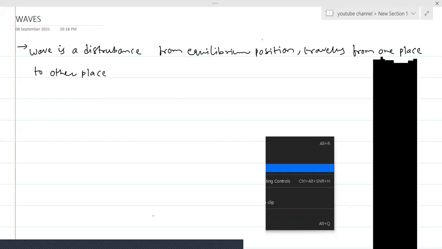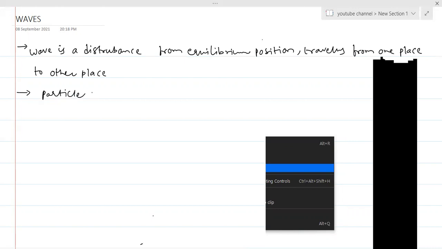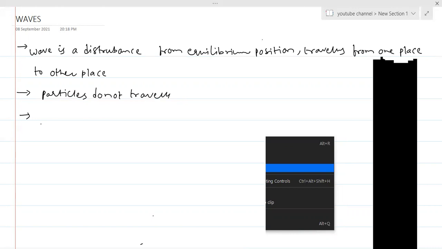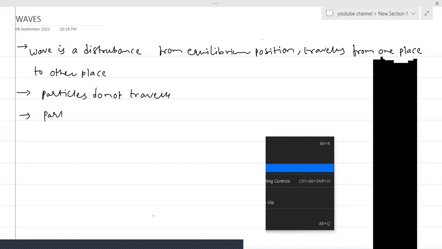But here the important thing is, while the wave is propagating, the particles do not travel. Instead of displacing from one position to another position, generally the particles will oscillate.